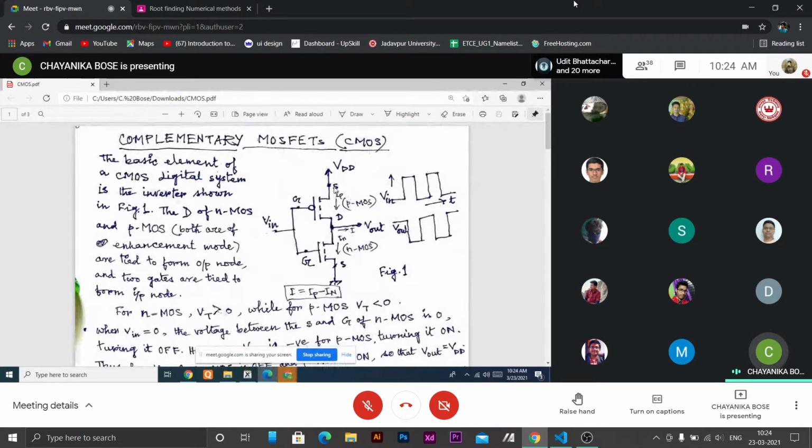Now, this is the current IP which flows through the PMOS. When it conducts, it should be IP and it should be IN. Direction of current is source to drain.